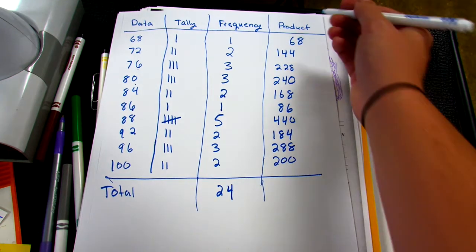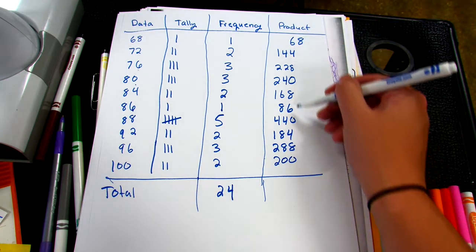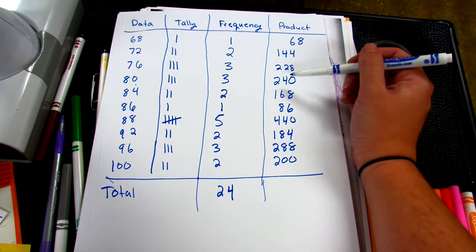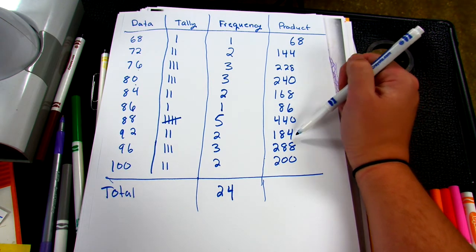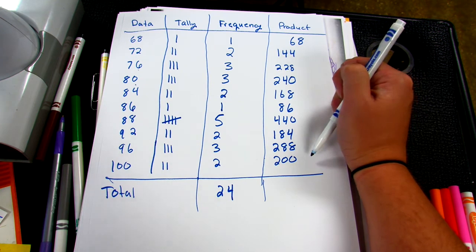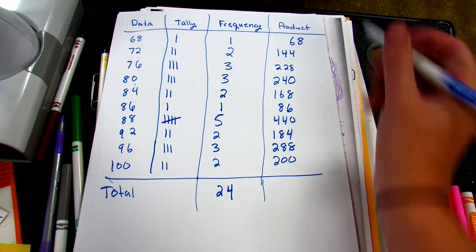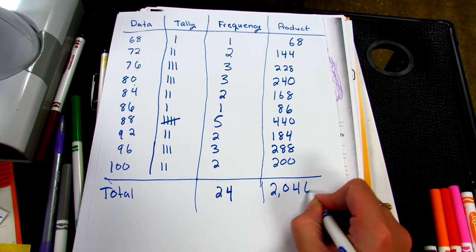So remember, at the bottom of the product column, we have another total. So we need to add all these numbers up together. So 68 plus 144 plus 228 plus 240 plus 168 plus 86 plus 440 plus 184 plus 288 plus 200. Again, if you have a handheld calculator, that's the best way to go. We get the total 2,046.